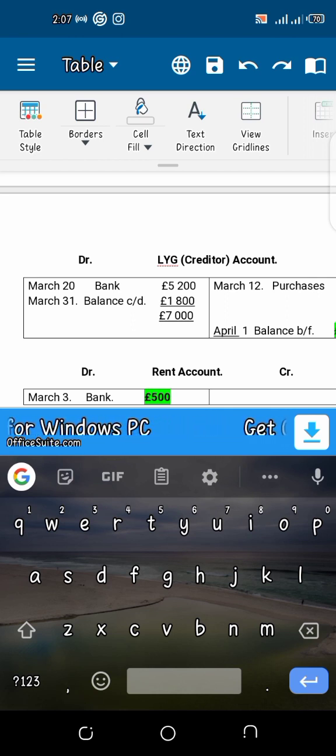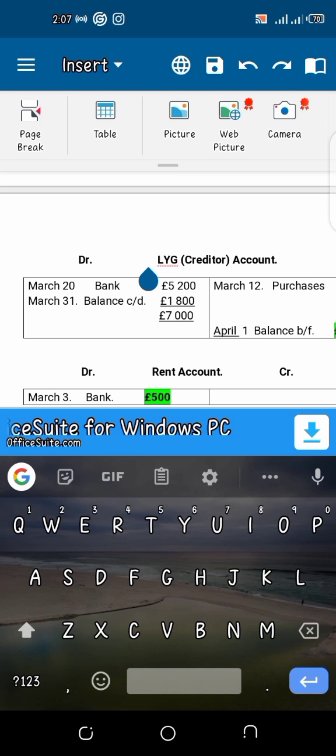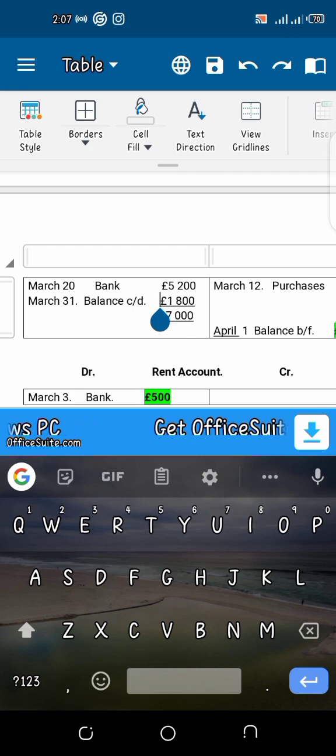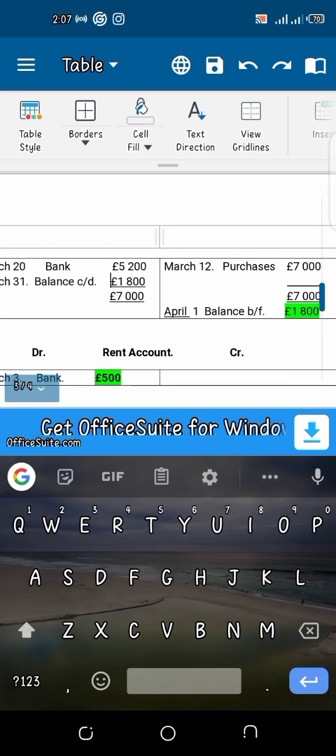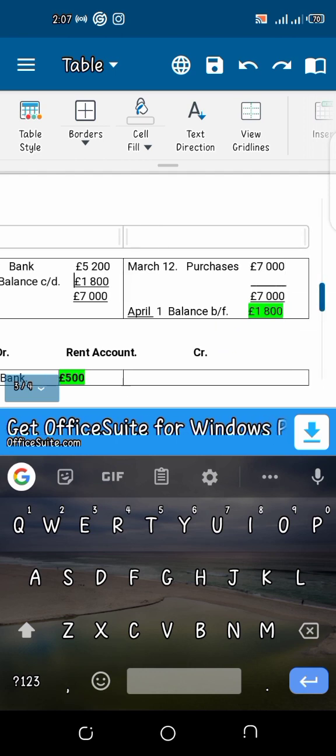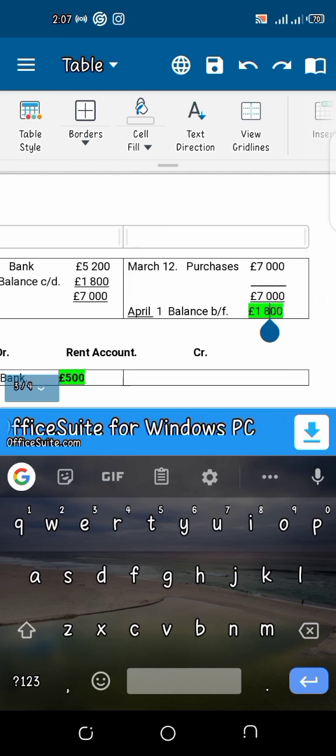So, Whetstone Ventures still owes LYG 1,800, making LYG a creditor, and that is why we have the heading, LYG creditor account, because LYG is still being owed 1,800, which is now the balance available at the end of the month.